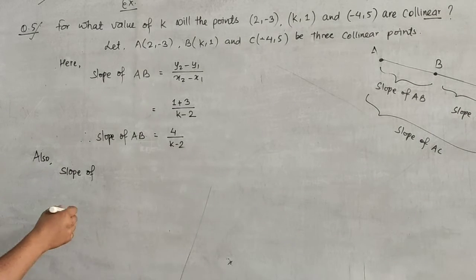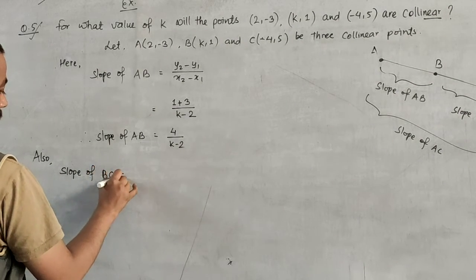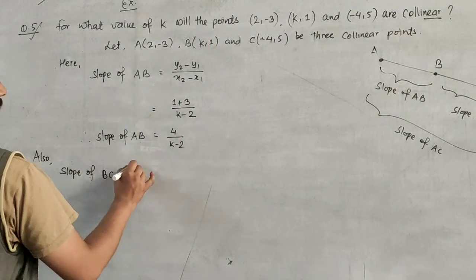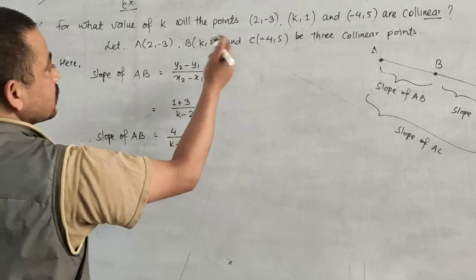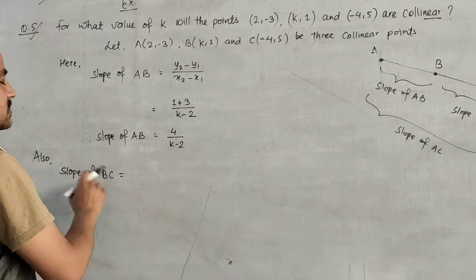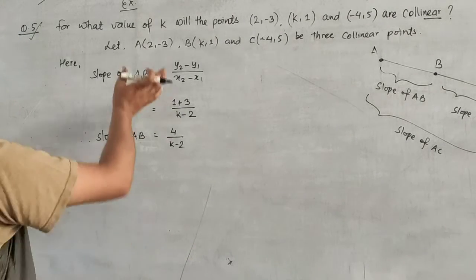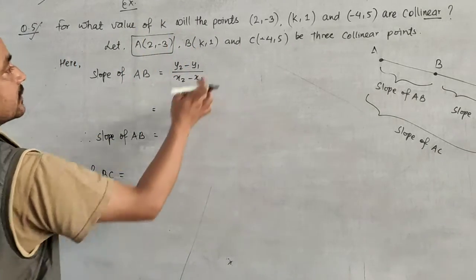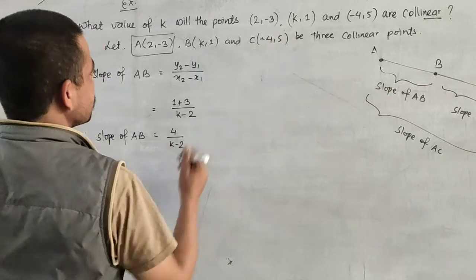Also slope of BC. What is the slope of BC? The same formula can be used, but B and C points will be used here; A will not be used. BC: B and C, x1 y1, x2 y2.